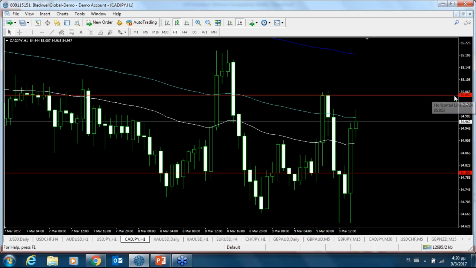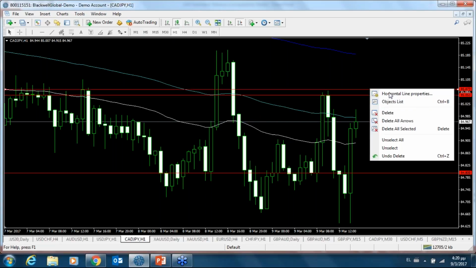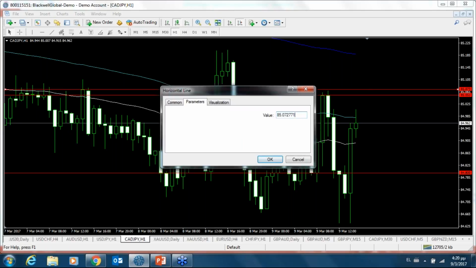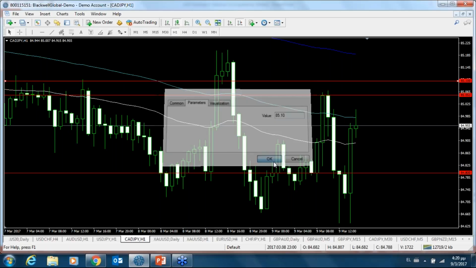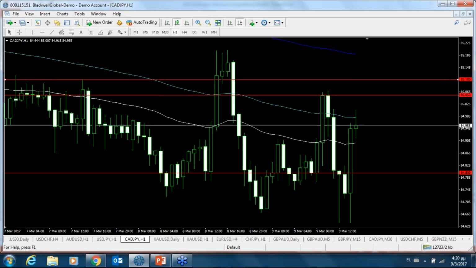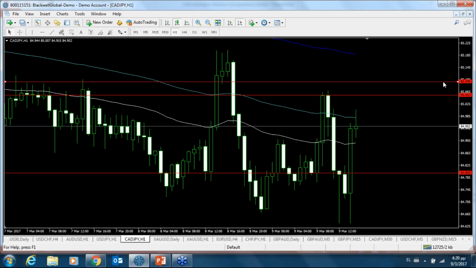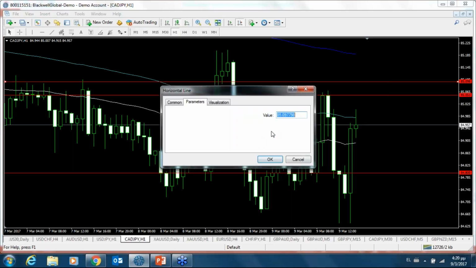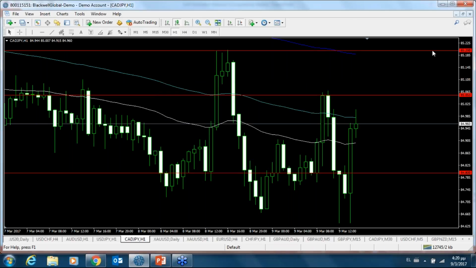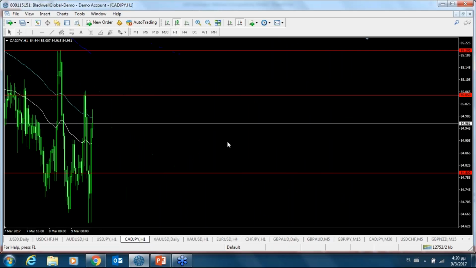It needs to go above 85.10 at least, or better still, 85.20 and above, to show you the uptrend. So look at how far it is.